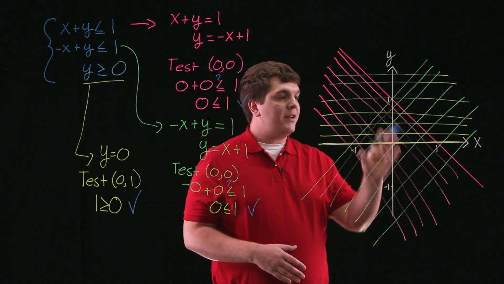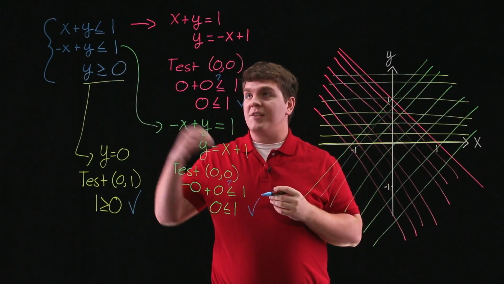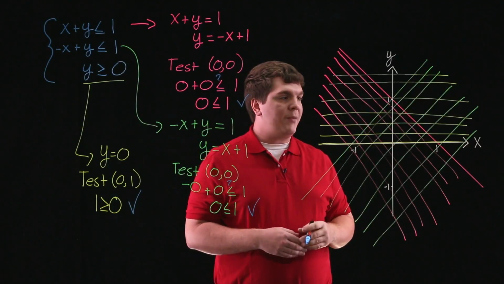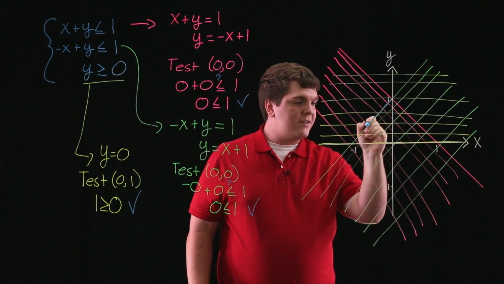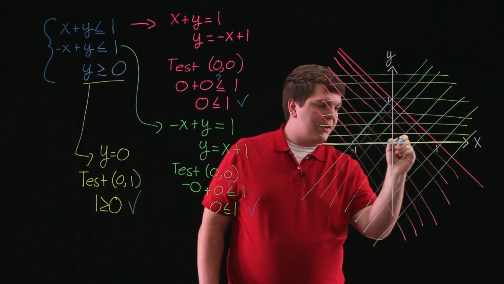Now what we see here is that the solution set to this system of inequalities is the overlapping area. So the area which all three of these inequalities share is this triangle here.